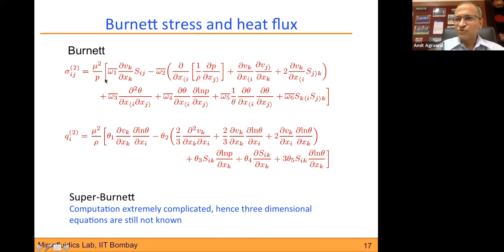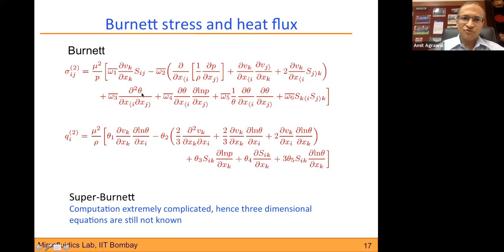I'm not writing out the stress terms for the Navier-Stokes order. We all know that. In fact, it's already written earlier in one of the slides. But if you follow this procedure, you will see that you get the stress terms and the heat flux terms written in this manner here. Now, let's spend a minute to see what this means.